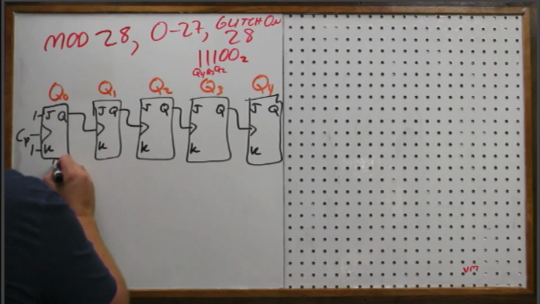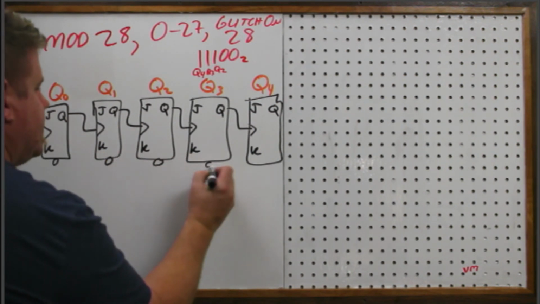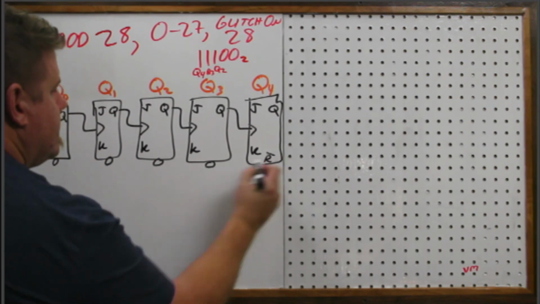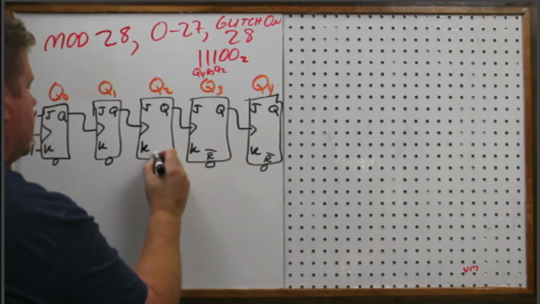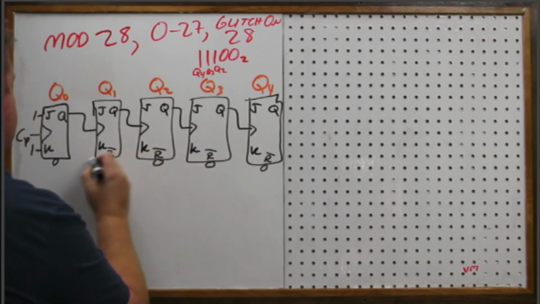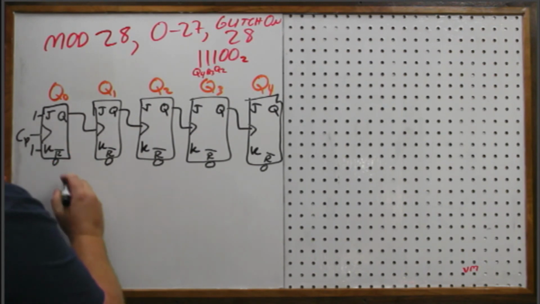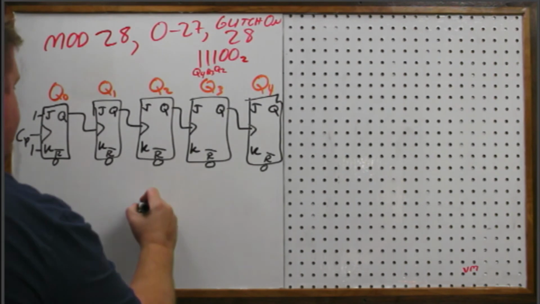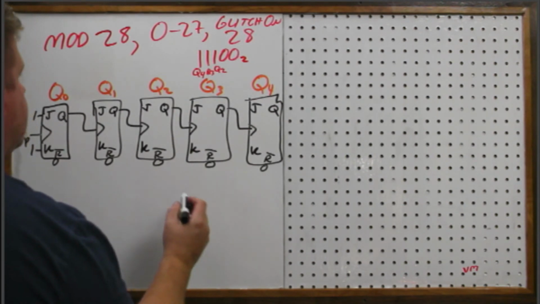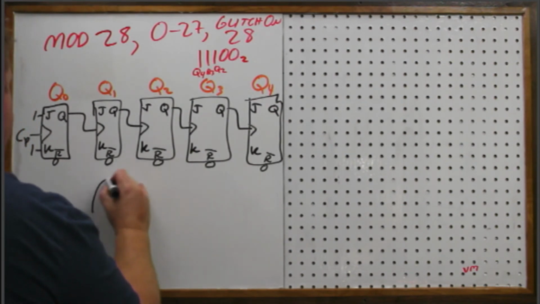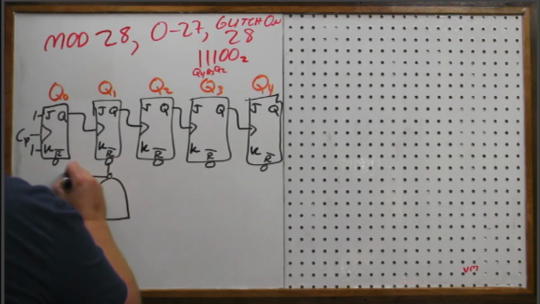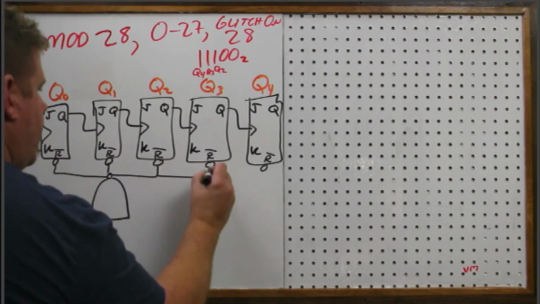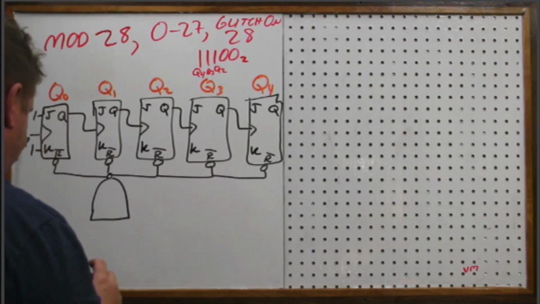Okay, and so the asynchronous reset at the bottom of each of these. And let's see, I need a 3 input, don't I? I'll let myself have another one. I'm going to put it over here to make it easy on myself too. So again, all the resets get tied together.